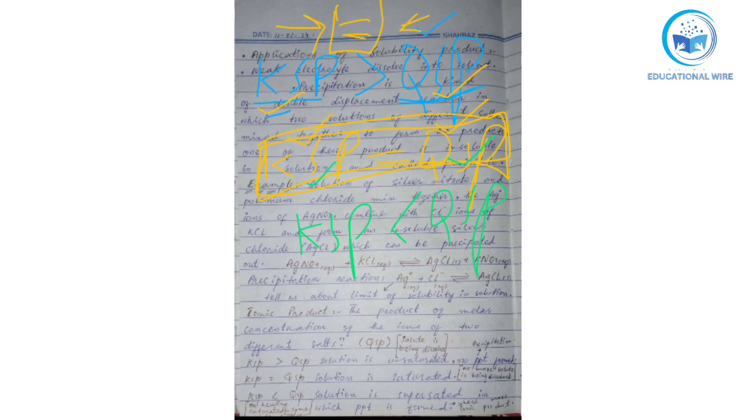How is precipitation formed in a supersaturated solution? In a supersaturated position, we can add some amount of solute. On heating a saturated solution, it becomes capable of taking more, and we can add some sugar or solute where the ionic product is greater. Means KSP is less than QSP, it means QSP is greater.